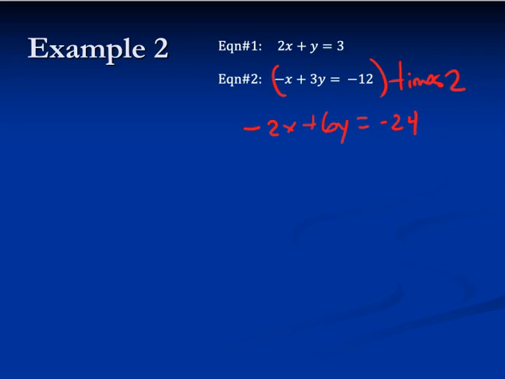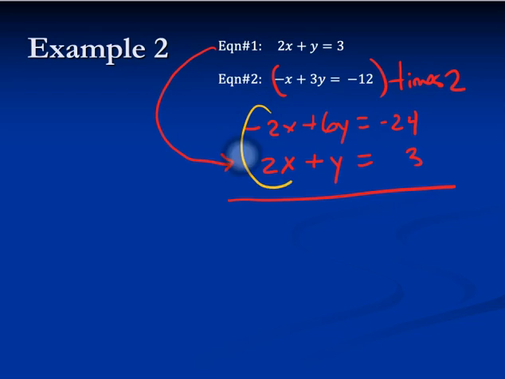We're doing that because negative 2x, if I bring this equation down and write it, negative 2x and positive 2x will cancel when I add them together. So now when we add, we see that these terms cancel. That's the purpose of elimination method, to get one of the variables to cancel out.